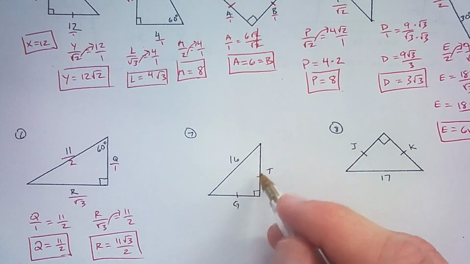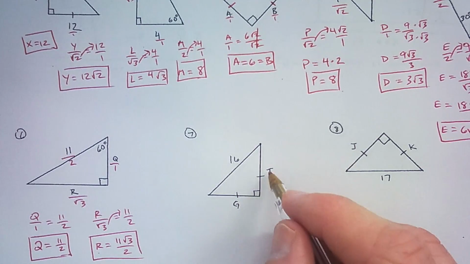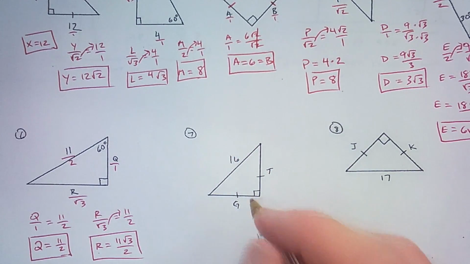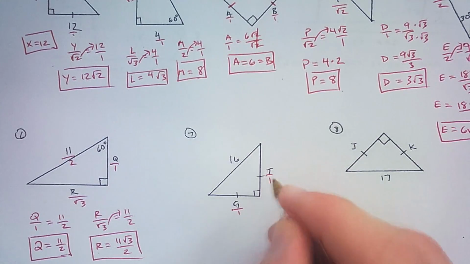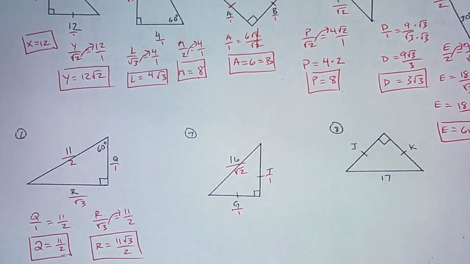Okay, another 45, 45, 90. So once I get G or T, I have the other one also. These are going to be the same. Legs are to 1 as the hypotenuse is to the square root of 2. So I have G is to 1 as 16 is to the square root of 2. G over 1 is G, so I don't really have to multiply this 1 across. That won't change anything.